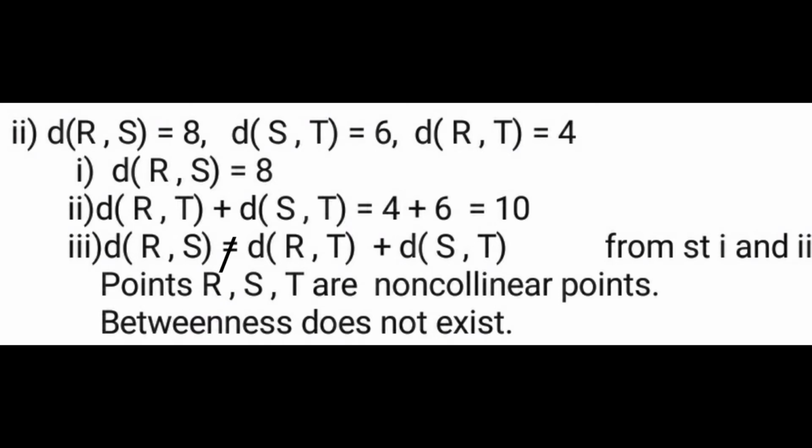So from 1 and 2, distance RS is not equal to distance RT plus distance ST, and therefore points R, S, T are non-collinear points. Therefore, betweenness does not exist.